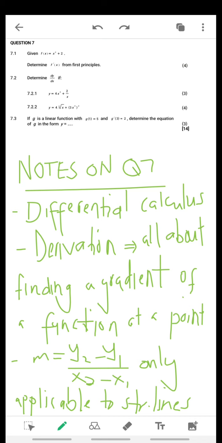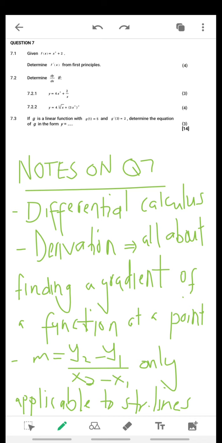Also, when we are deriving, which you will see later on, especially for a parabola, the derivative of a parabola gives us the equation of a straight line, and we sometimes call that the equation of a tangent line to the parabola.